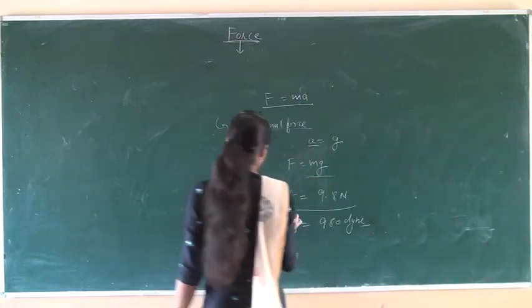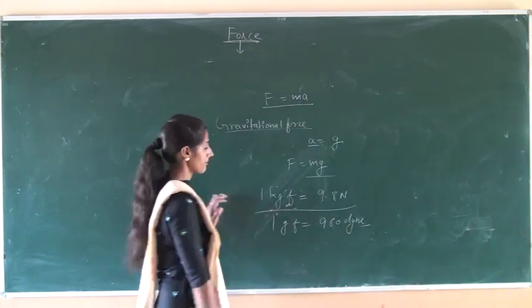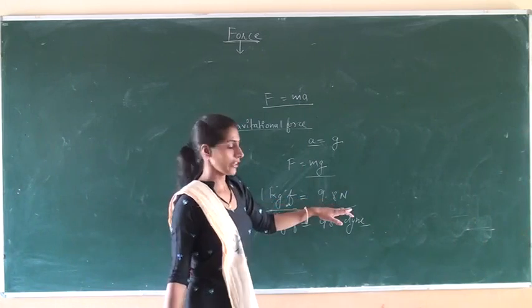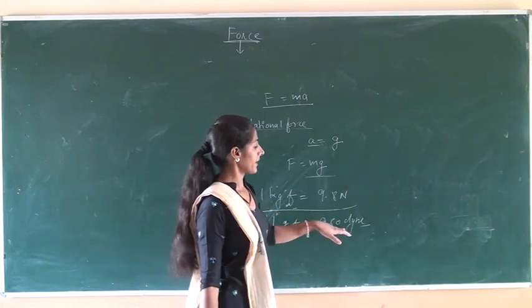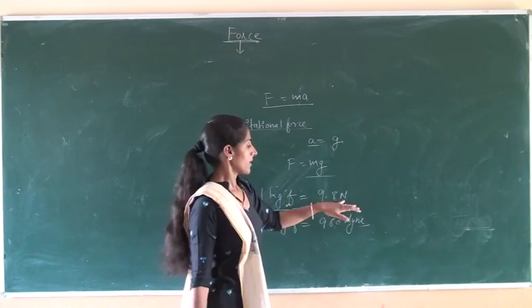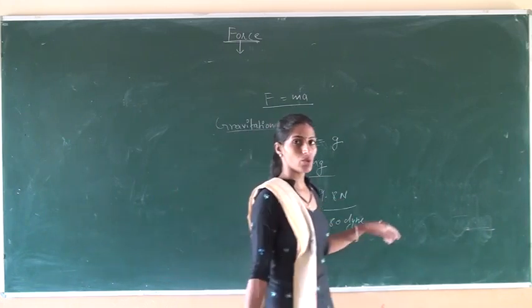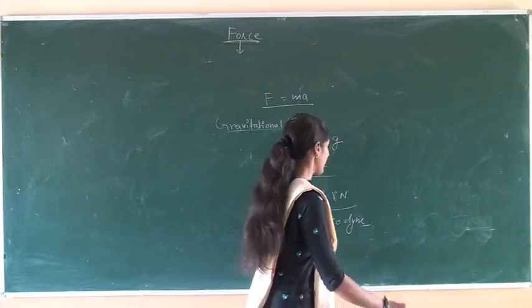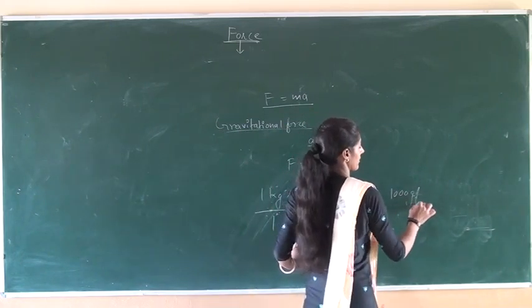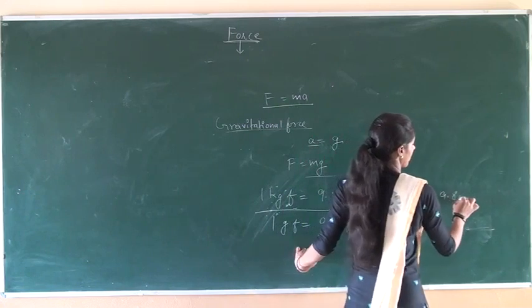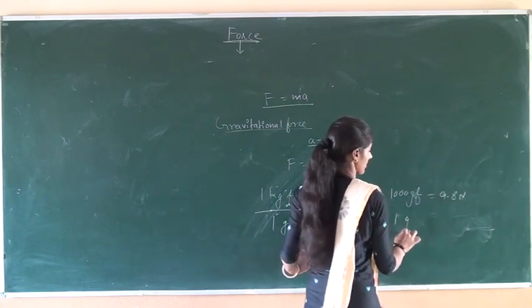In this case, this is the SI system. 1 kgf is equal to 9.8 Newton and 1 gram force is equal to 980 Dyne, because 1 Newton is equal to 10 raised to power 5 Dyne.